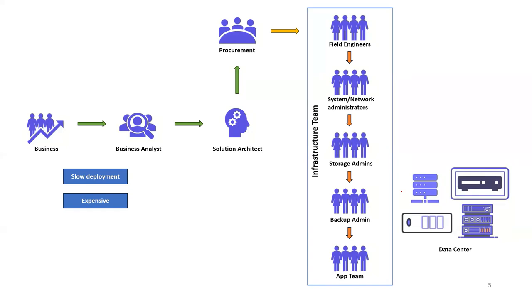Some aspects of the infrastructure can be automated, but several steps such as rack and stack, cabling, and other deployment procedures are manual and slow. That is the reason it is called limited automation, because most of the steps are manual here. And with so many teams working behind the scenes on so many different tasks, the chances of human error are very high.